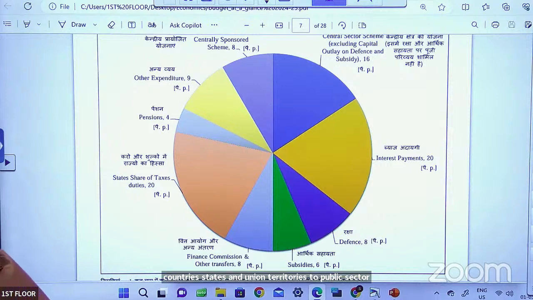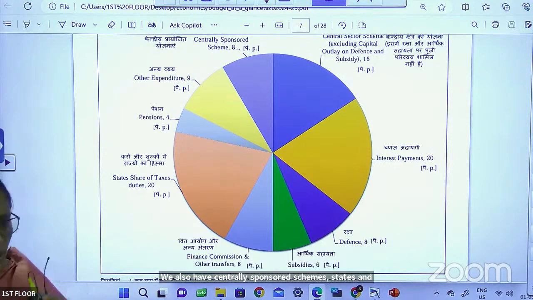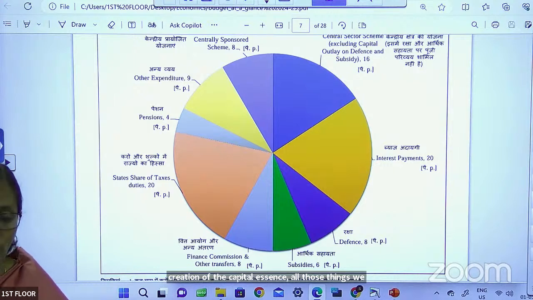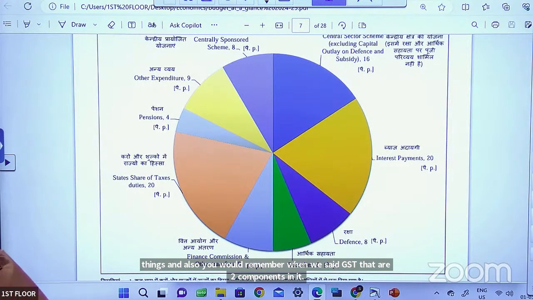We also have centrally sponsored schemes, central sector schemes, right? So whichever is resulting in the creation of the capital assets, all those things we are going to call it as a capital expenditure. And also you remember when we say GST, there are two components in it, is it not? Actually three components, but basically two components. What are they? CGST and the SGST.